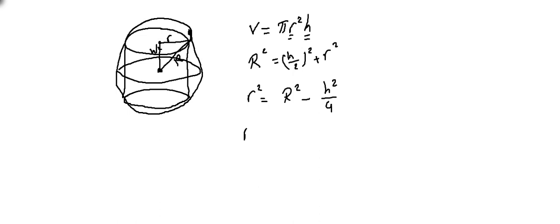So what will r be equal to? It will be radical R squared minus h squared divided by 4. This is the small radius of the cylinder in terms of the big radius of the sphere and the height of the cylinder. That's great.